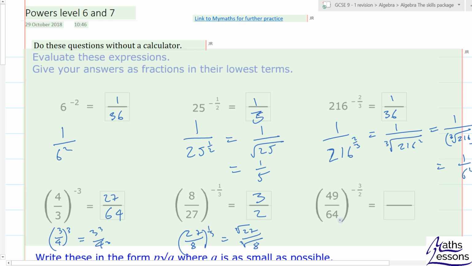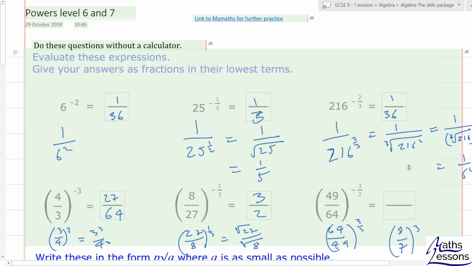Okay, same again. Minus means we turn it upside down, so we end up with 64 over 49 to the power of 3/2. What I'm going to do is the 2 bit. That means square root both. Okay, so I'll square root both. 64 square rooted is 8 and 49 square rooted is 7.